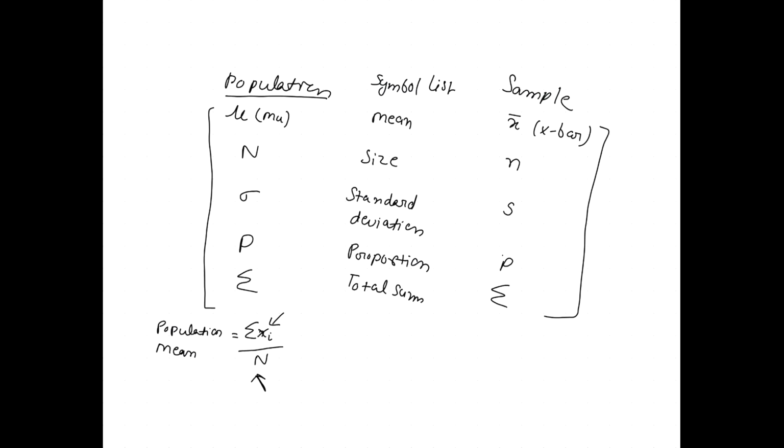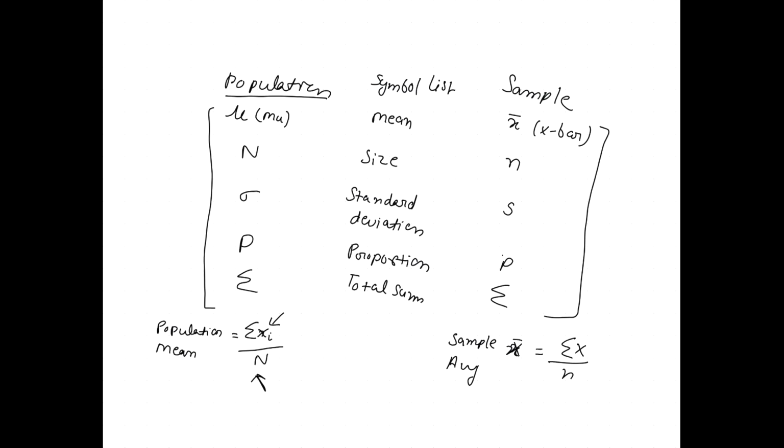And in case of the sample average, x bar is equal to the summation of x divided by n. This is small x. So this is how you can calculate the average from the sample, and these are the formulas for population and sample.